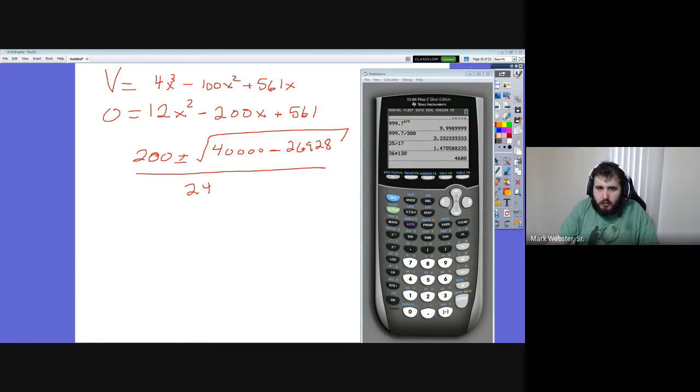So we got 200 plus the square root of, I'm going to simplify this to 13072. Put that in parentheses, divided by 24.